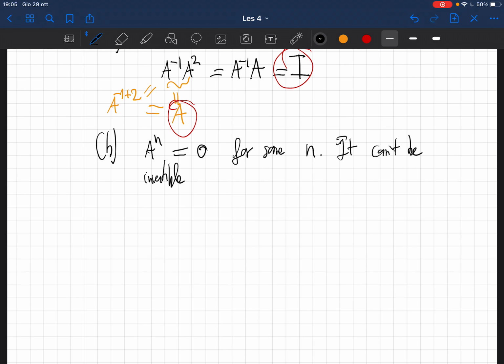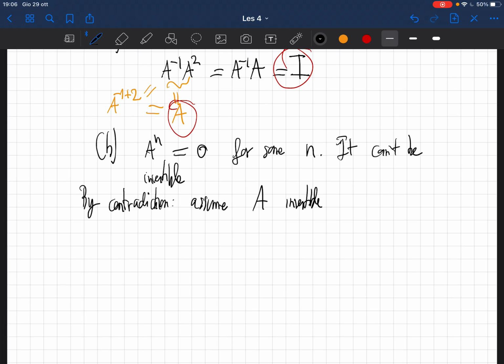Well, let's argue by contradiction. Let's assume that A is invertible.